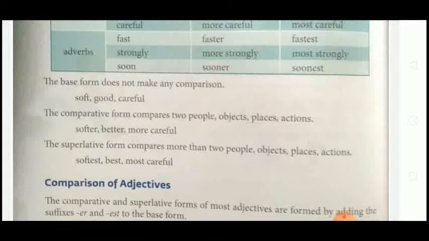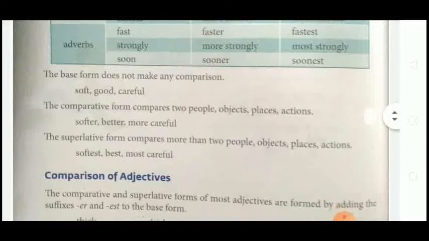As I said earlier, in the comparative degree there is a comparison between two persons, objects, places or actions. Then the superlative form compares more than two people, objects, places, actions, etc. If it is more than two, 3, 4, whatever, we use the superlative form. So: positive or base form, comparative form and superlative form.